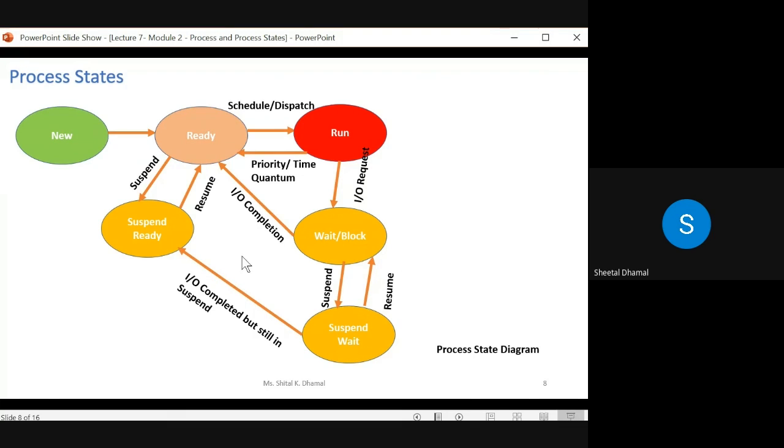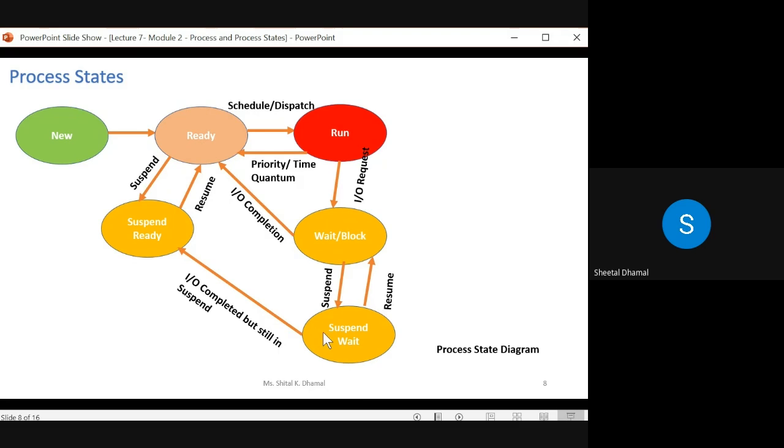Now let us consider that one of the processes is present in the wait block queue, and the ready queue is already full. Here one process has had its input operation completed, meaning the user has entered the value, but it is not shifted to the ready queue because the ready queue is full. In that case, that process will get shifted into the suspend wait state.